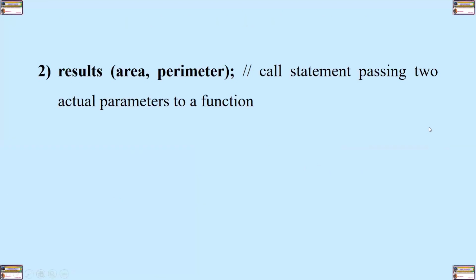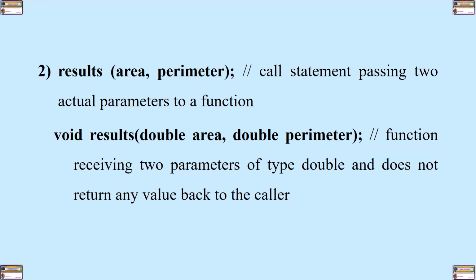Another example is this call statement here. Now, this call statement is passing two actual parameters to a function. And which is the name of that function? The name of that function is results. Now, this is how our function's prototype is going to look. As you can see, this is a call statement within the main function.